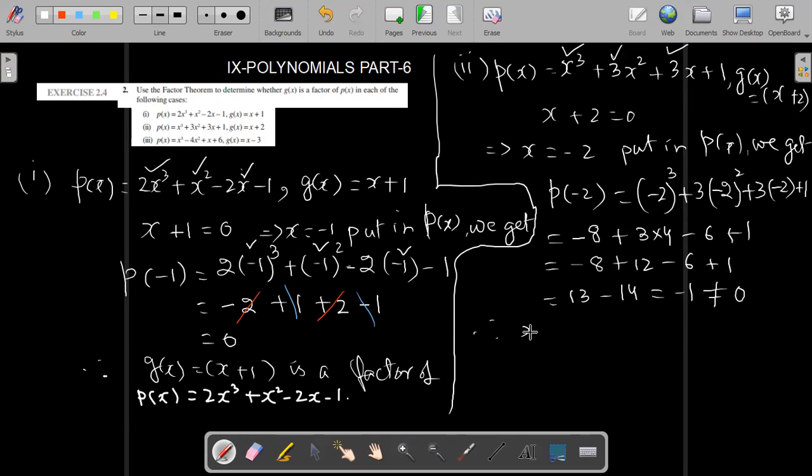Therefore, it is not a factor. x plus 2 is not a factor of x cube plus 3x square plus 3x plus 1.